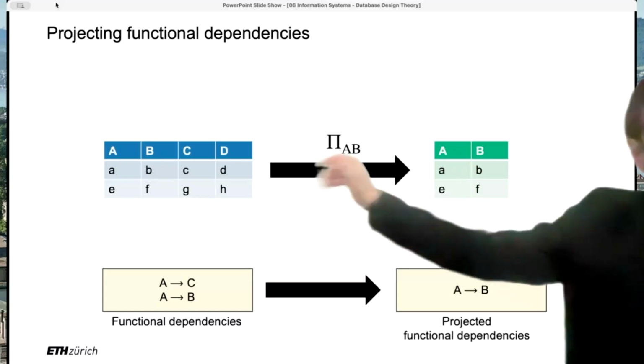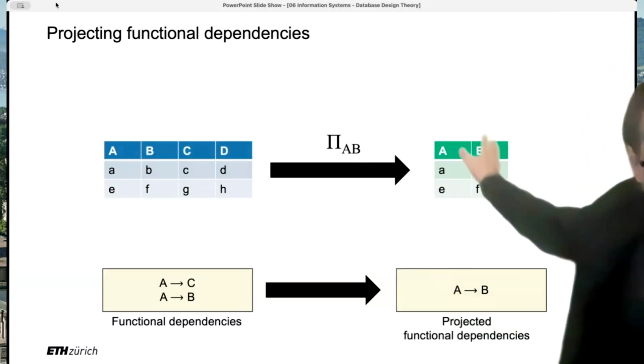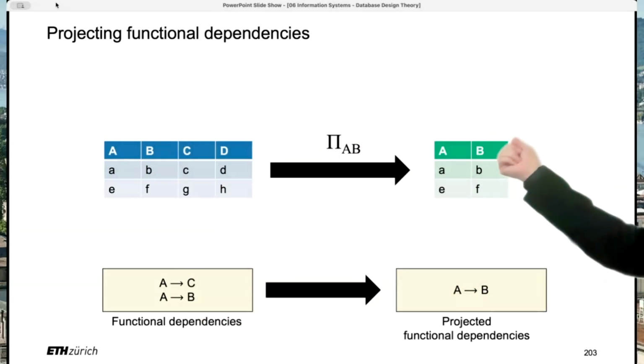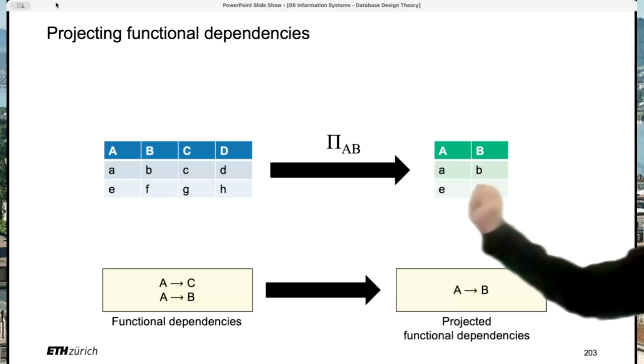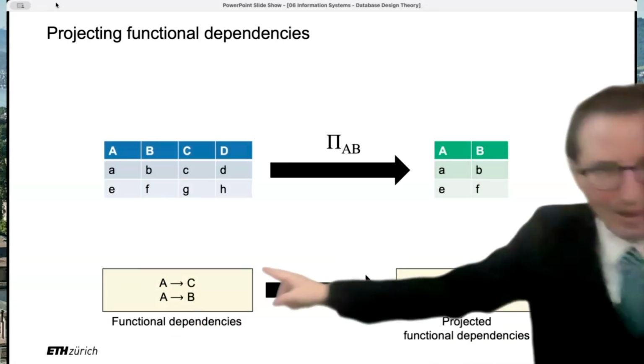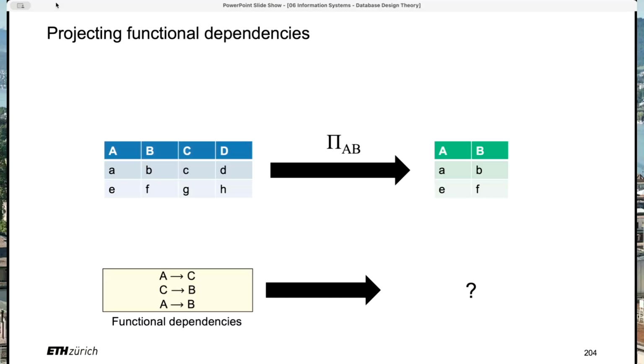Who has the intuition that when you do that, only A determines B survives and applies here because A determines C makes no sense. There is no C in here, right? For whom is that intuitive? Right? Very good. So we say that A determines B survives the decomposition, but A determines C goes away, right? This we don't keep. So you see that we can carry over, we can project the functional dependencies as well.